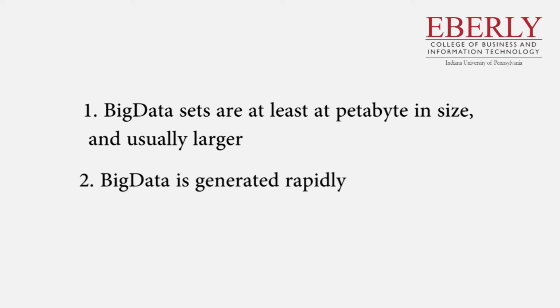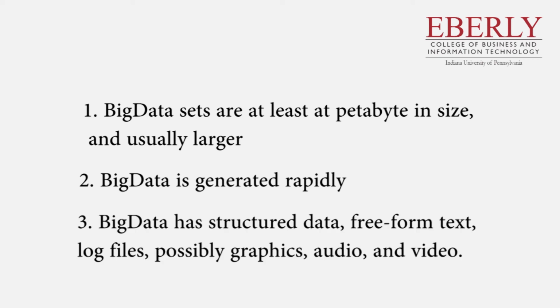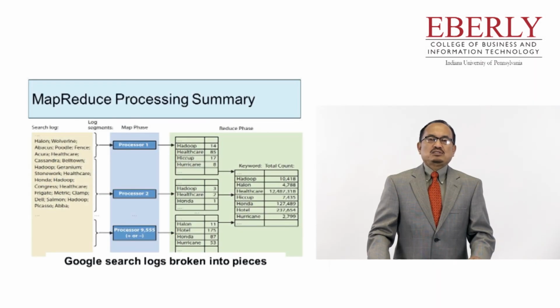Big data is generated rapidly. 3. Big data has structured data, free-form text, log files, and possibly graphics, audio, and video. Because big data is huge, fast, and varied, it cannot be processed using traditional techniques.